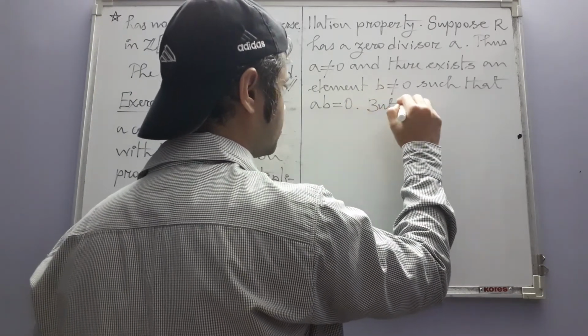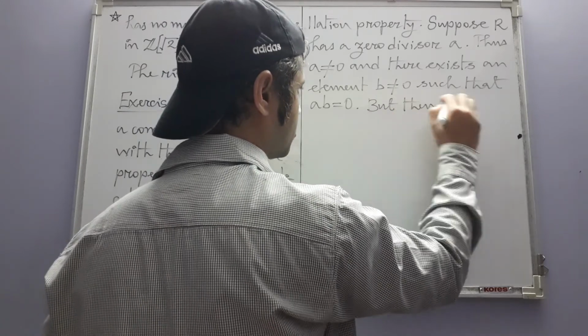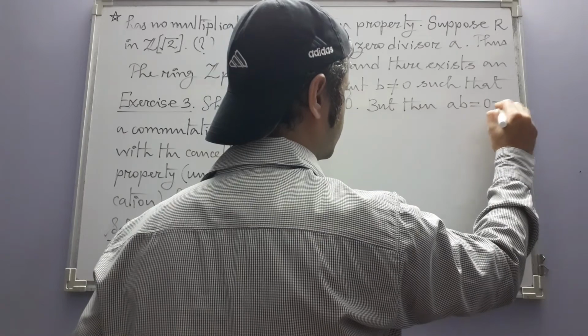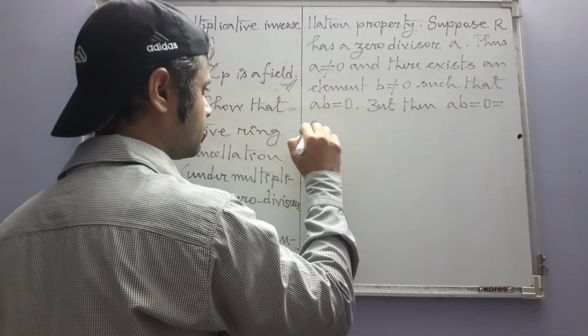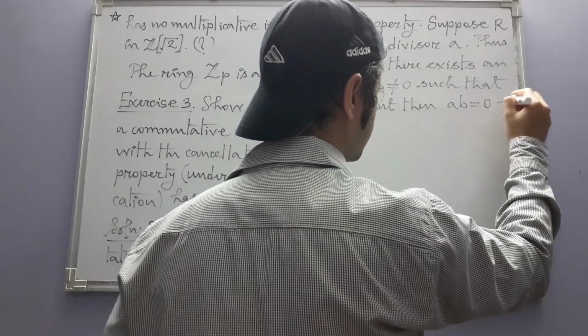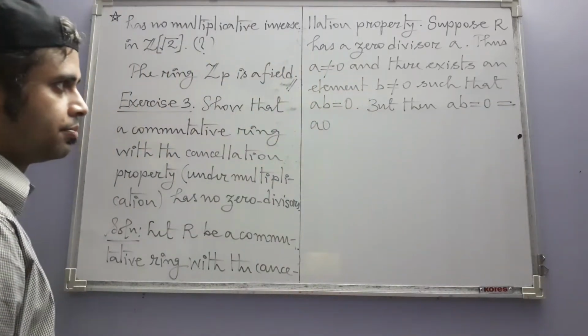But then AB is equal to 0, and this can be written also as A0, because in any ring A0 is equal to 0.